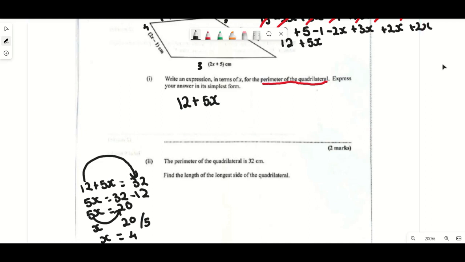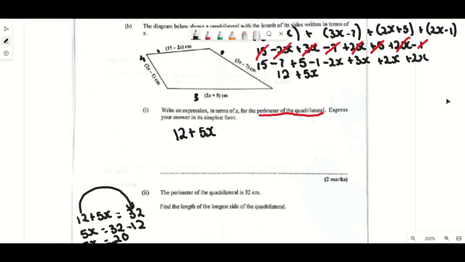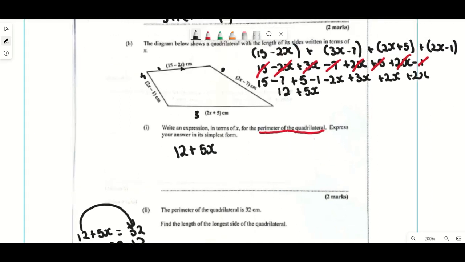Now that we have found the unknown, we can find the longest side. Although they said find the length of the longest side of the quadrilateral, do not use the image that they gave you, because usually the image is not drawn to scale. What would be easiest is to find the length of each side, which is pretty easy.